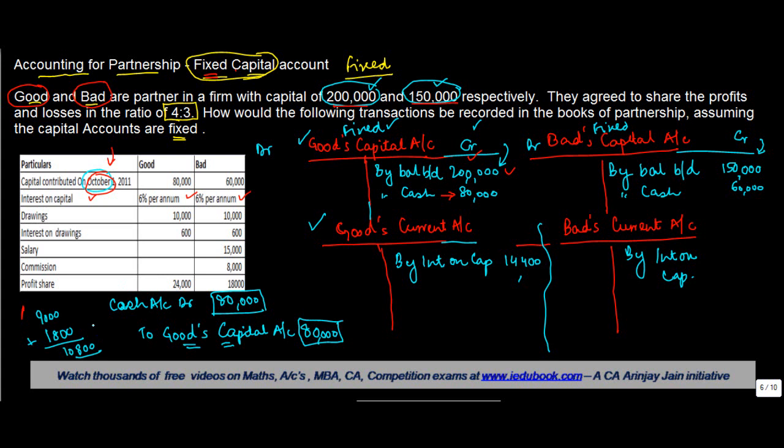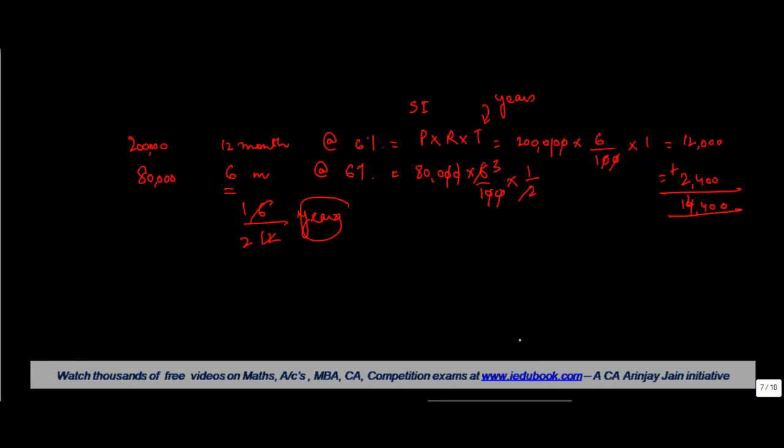So the total interest should be 10,800. I've calculated this quickly. You can try it easily at your end following the procedure that I told you for the other case. Following this was for Good. You can calculate it for Bad as well.